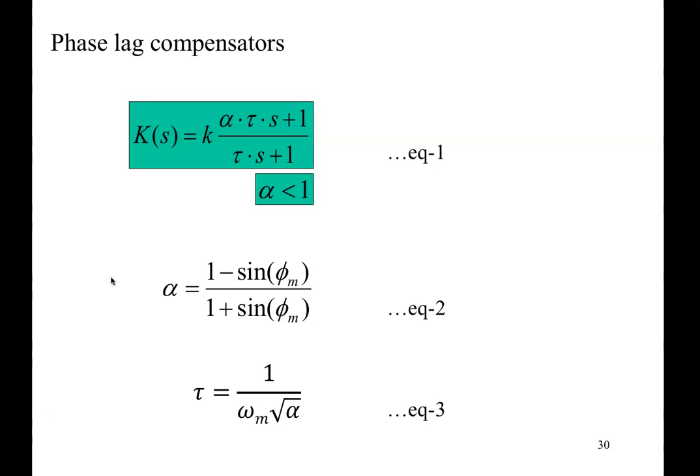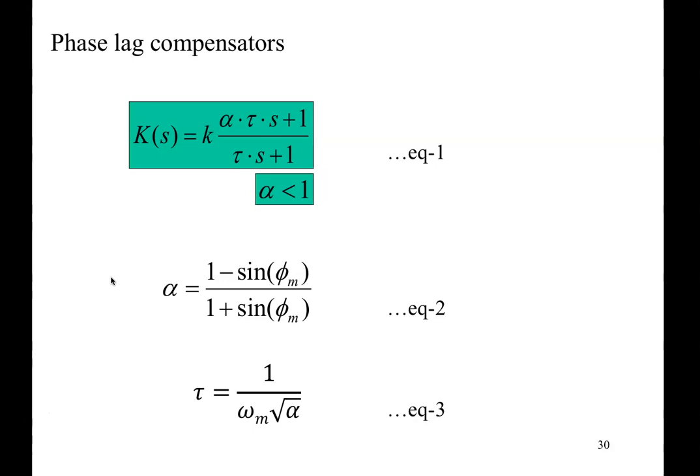Phase lag compensators are used in an entirely different way to phase lead, although the transfer function looks very similar. If you look at equation 1, it looks exactly the same as the phase lead compensator, but here we have an alpha value that's less than 1.